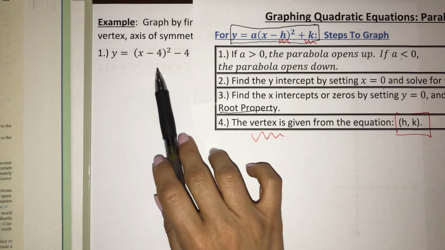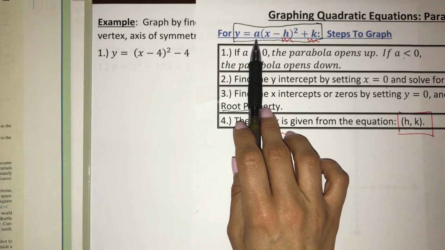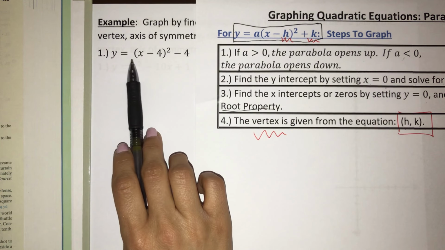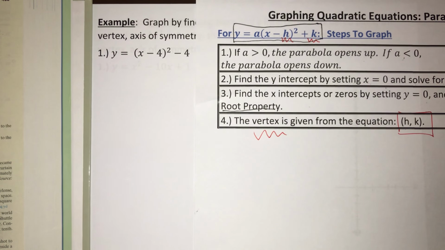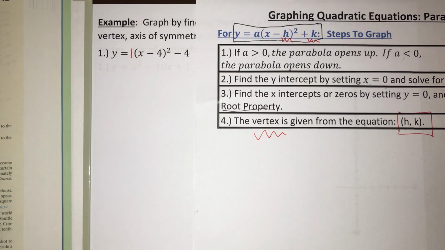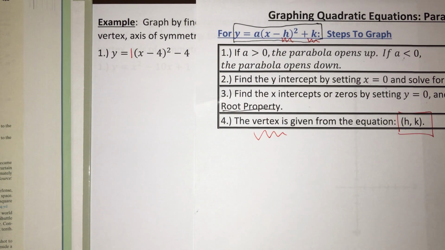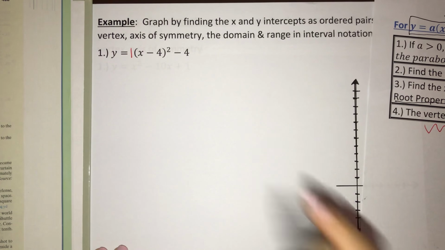We have our equation, and in this case, since I don't see a number there, the a coefficient is 1. You can put 1 here if you want. It's positive, and so the parabola opens up.